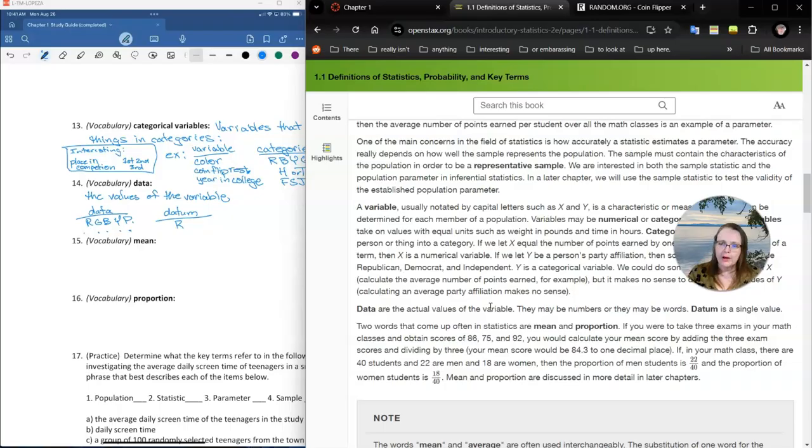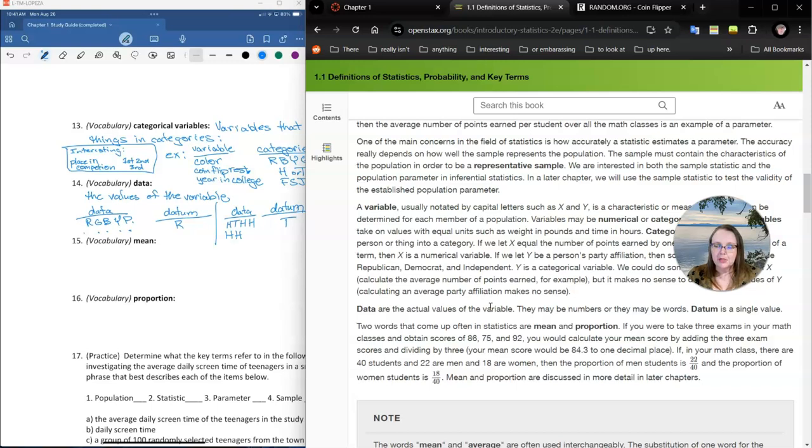It's one example of the values that you're collecting there. Data could be heads, tails, heads, heads, heads, heads. Datum, one flip was tails. So datum is just the singular version of data.